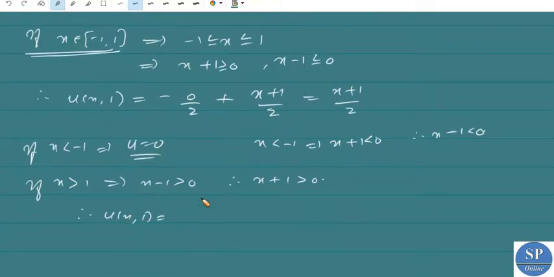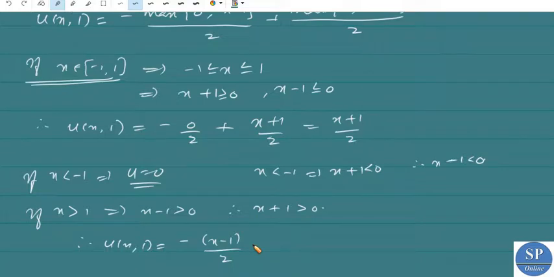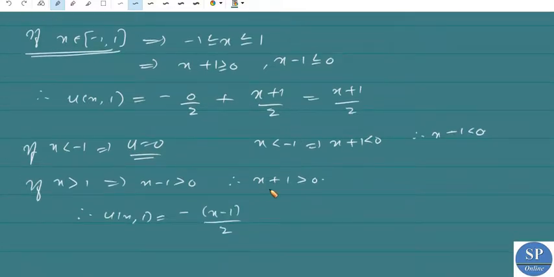So minus x minus 1 divided by 2, plus, since x plus 1 is also greater than 0, the maximum of this value is nothing but x plus 1. So x plus 1 divided by 2.